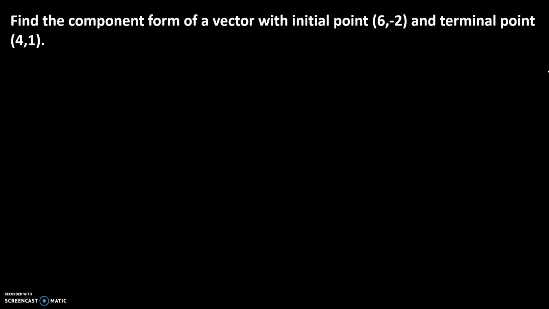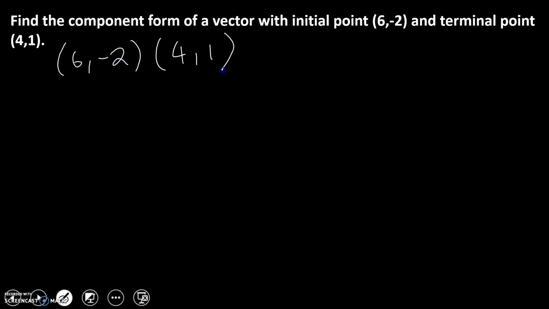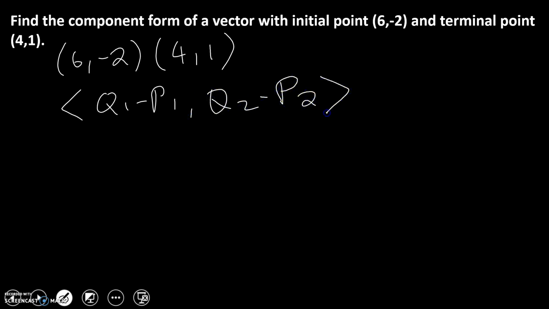So I'm going to rewrite these points. We have (6, -2) and (4, 1). If you remember, the formula for component form is going to be Q1 minus P1, comma, Q2 minus P2. And I'm going to label my points. So this is P1, this is P2, Q1, Q2.